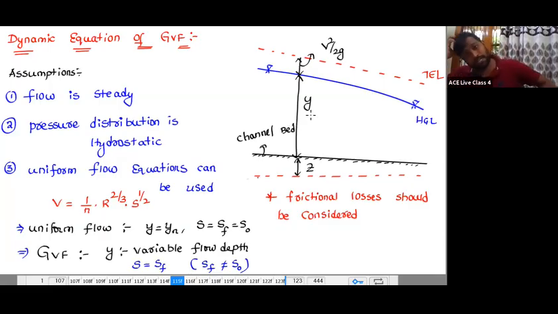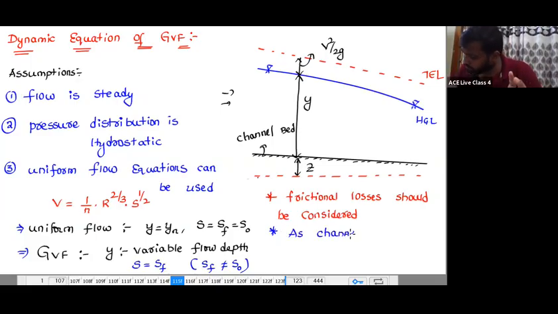Now the most important assumptions: the flow is going to be steady flow, and the pressure is going to be a hydrostatic distribution. You can use the uniform flow equations. And the last assumption here is, as the channel bed slope is very less, you are going to take the channel bed as the datum, or x-axis.